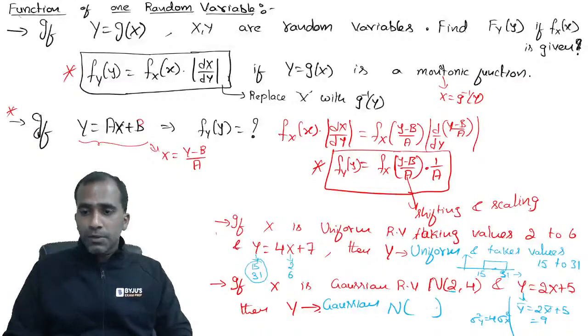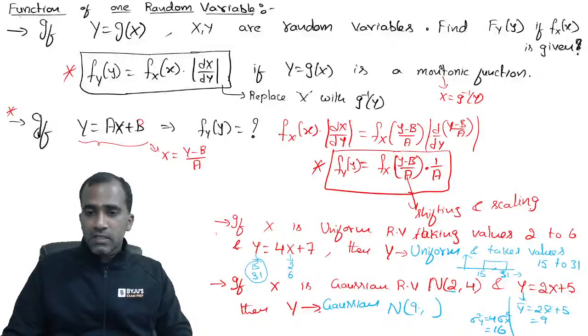Okay. So I hope you understood. Now the variance earlier was 4. 4 into 4 is 16, which is the variance now for random variable y. So the mean value is 9 and the variance is 16.